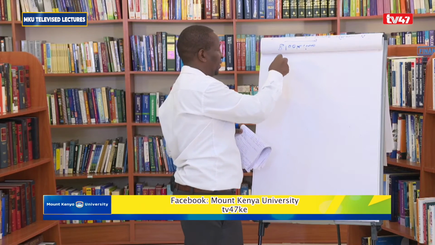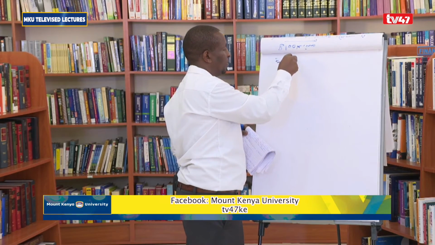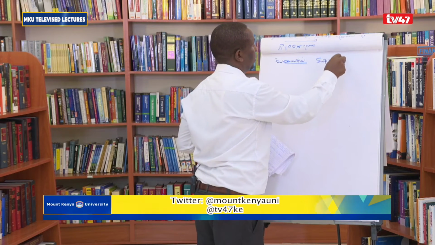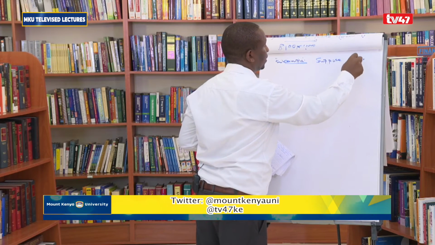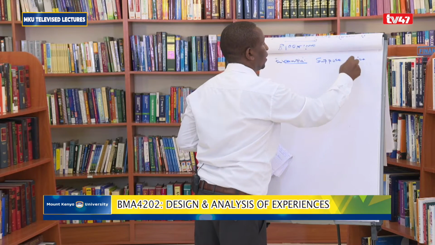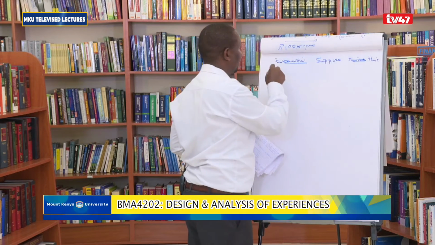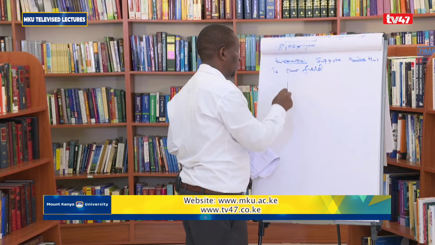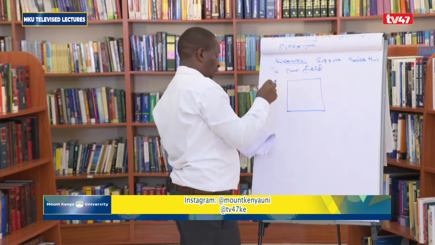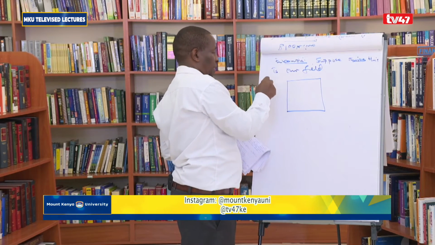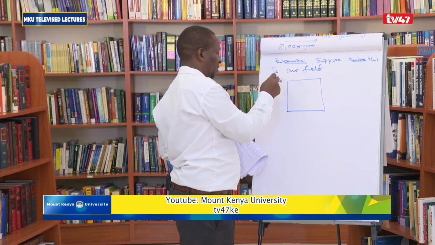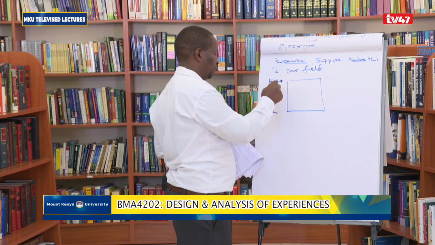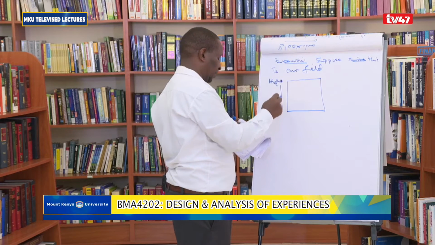Suppose this is our field. And suppose there is a high gradient here of a characteristic, high and low, like that.